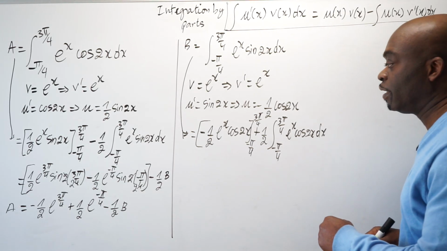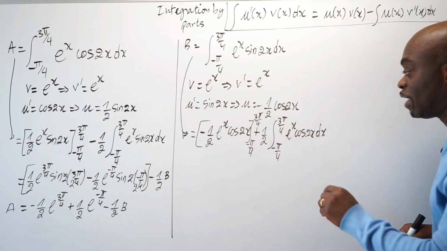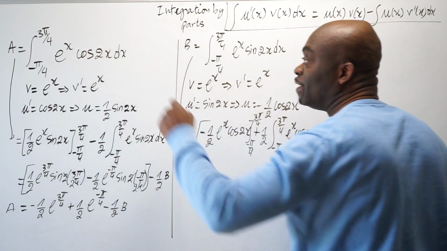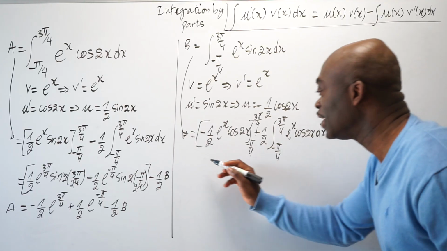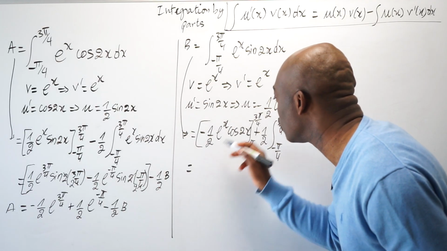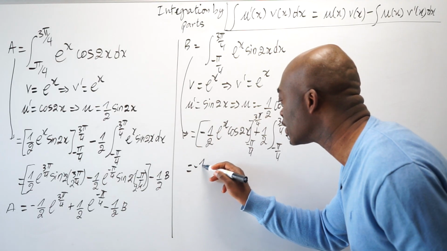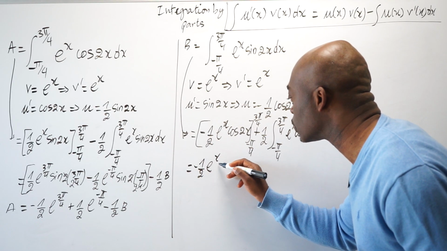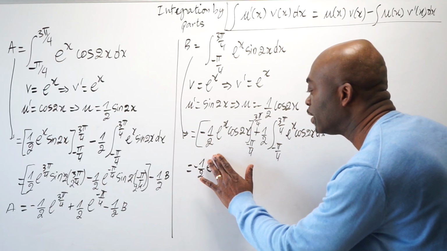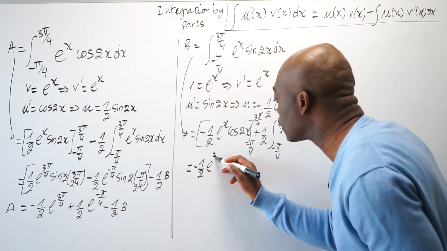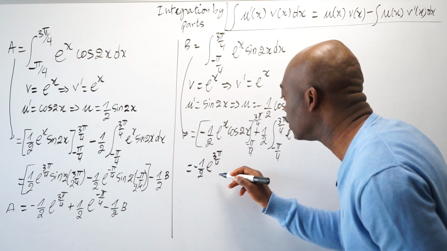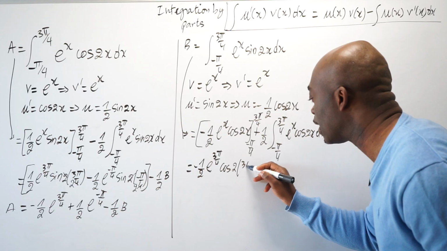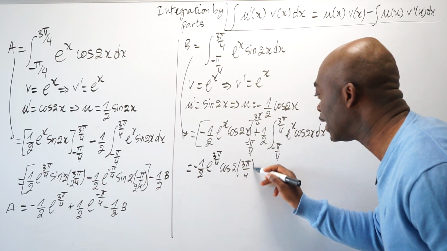So what do we see here? Let me just give you a tip right away. When you look at this problem here, that's the same thing as A, right? So that's a good thing. Let's go. So this one is equal to what? If we solve for this one here, that will give us negative 1 over 2 exponential x cosine 2x. The x then becomes 3 pi over 4, so that's cosine 3 pi over 2. All right.